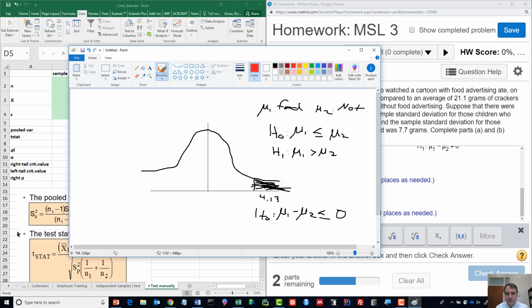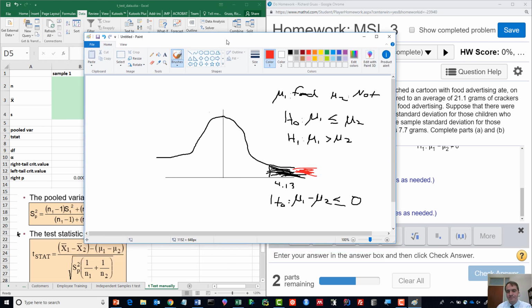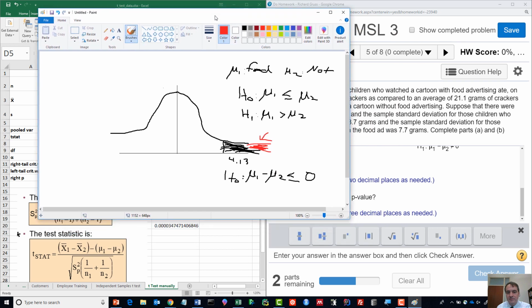It's going to be to the right here like this. If we wanted to find the critical value, well, never mind, we're trying to find the p-value. So we're only interested in just this one tail, and the p-value is going to be the same thing as the area to the right of that.